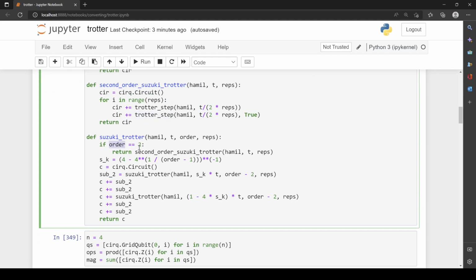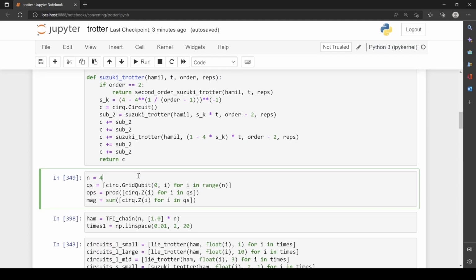So if our order is 2, of course the order has to be a multiple of 2 here, then we just return our second order. Otherwise, define S sub k, create our first one, the first one in the equation, and then we repeat it twice because it's squared. Then do the middle one, which has this 1 minus 4 S_k term, then repeat the first one again. And so then we just recursively define this equation.